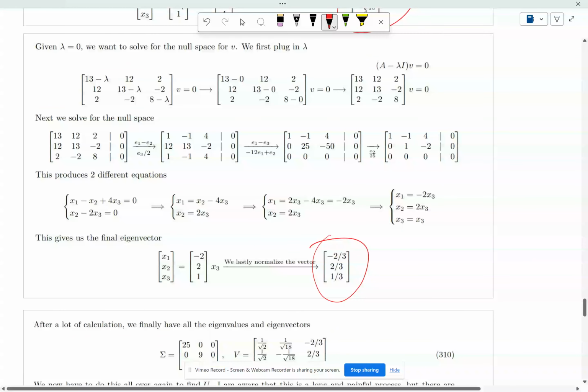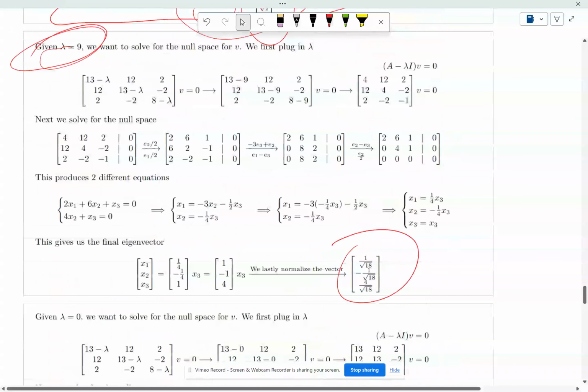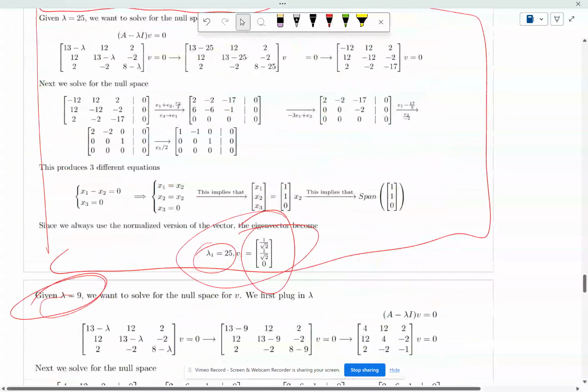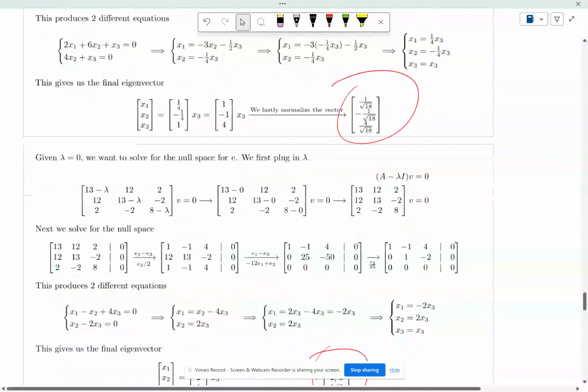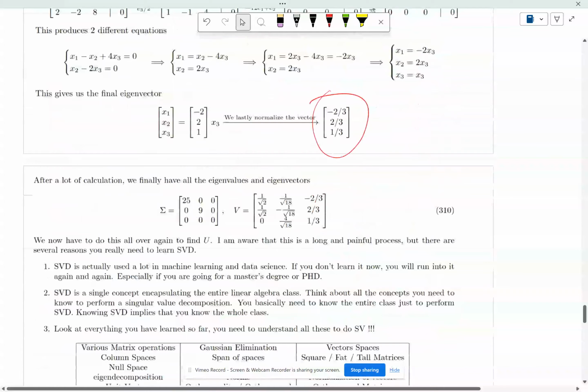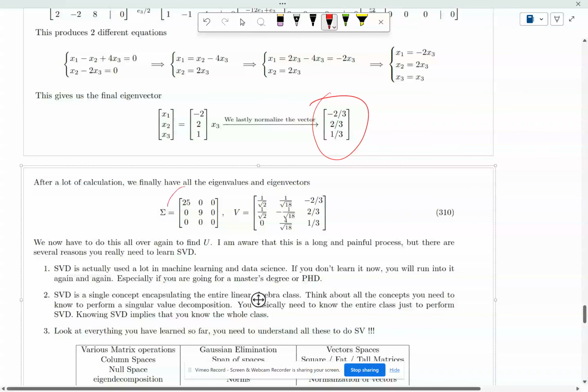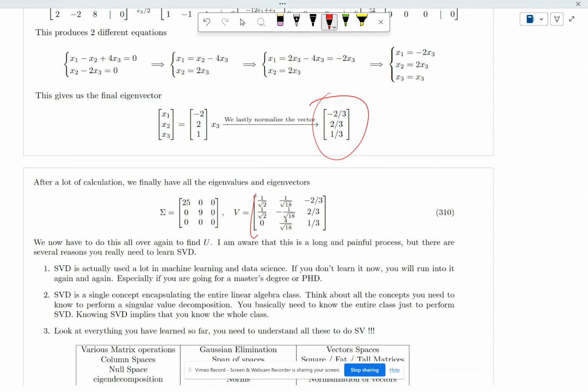Now, this takes a long time. It's very time consuming. In any case, by the time you get all three, every single eigenvalue is associated with an eigenvector. This one is associated with this one, this one with this one.